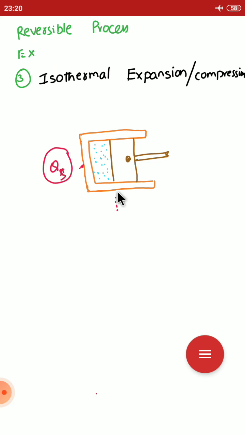The piston, initially here, will move by a small amount, maybe x1. This is case 1. Let this process be 1 to 2.